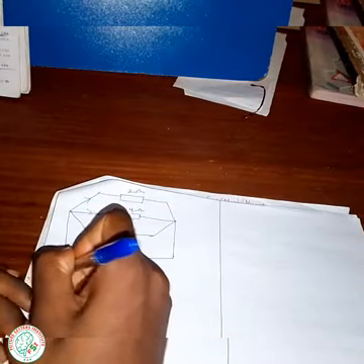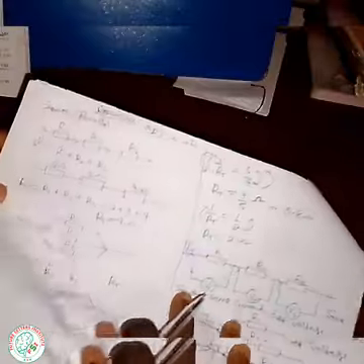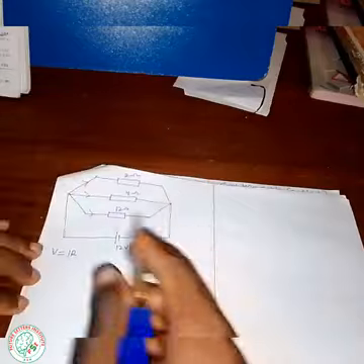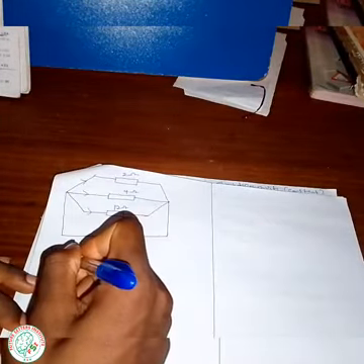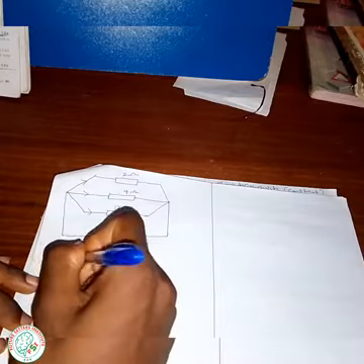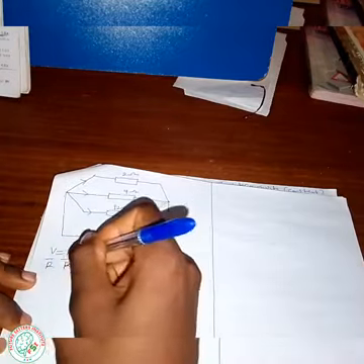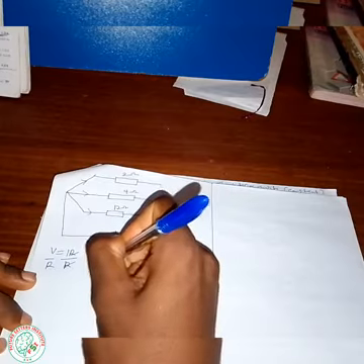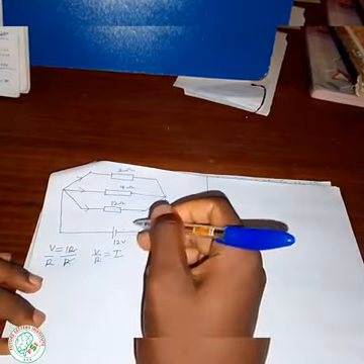You take note that V is equal to I R, like we did in Ohm's law somewhere around here, where we said that V equal to I R. So for us to get the current in this 12 ohm resistor, we'll first of all make I the subject of formula. So we'll divide both sides by R. V equal to I R, so divide both sides by R. From here we can get that V over R equal to I. We're talking about the 12 ohm resistor.